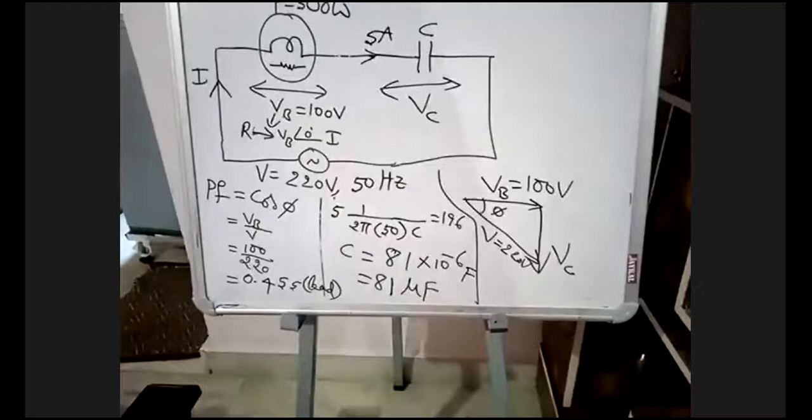That is from the phasor diagram you will get cos phi. Your phi B is the angle in the bulb. Phi is the power factor angle. Leading, because it is a capacitive circuit, that's why the power factor will be leading.